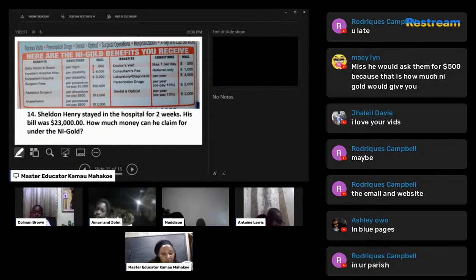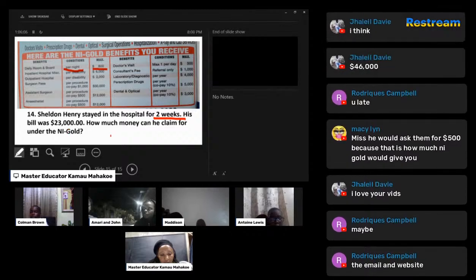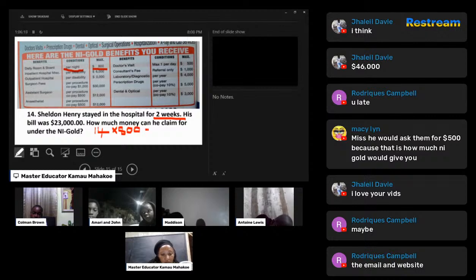$800 maximum they're going to pay per night. How many nights is 2 weeks? 14 days, 14 nights. 14 times the $800 gives what? Work that out. 14 times $800.